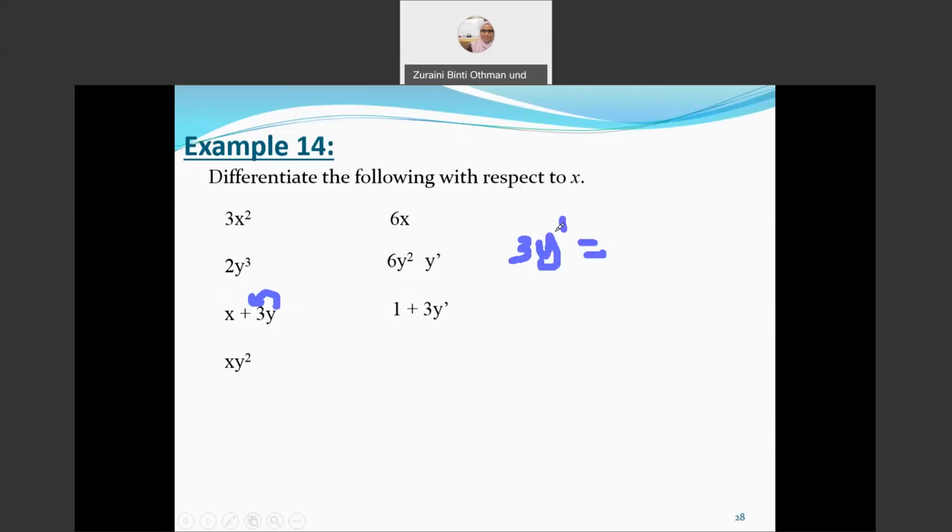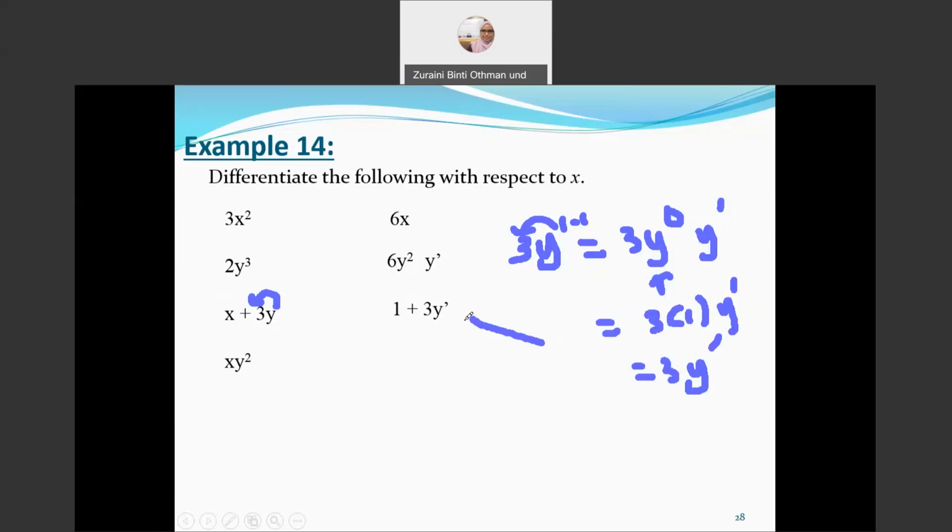Bring 1 to the front, so we get 3y to the power of 1 minus 1, which is 0. Because we differentiate y, we have to put y prime at the back. So this term becomes 3 times 1 because y power of 0 is 1, then y prime. So it becomes 3y prime.